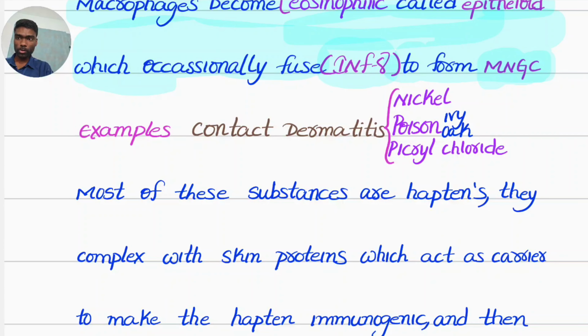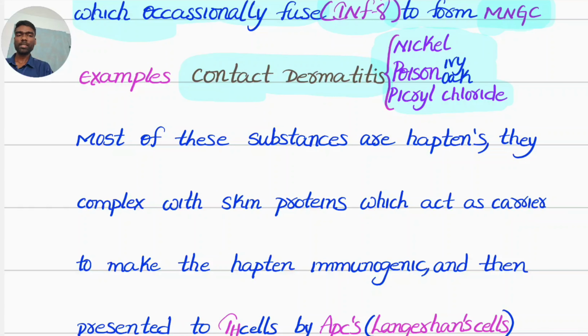Now coming to examples of type 4 hypersensitivity reaction. Contact dermatitis, in response to contact antigens such as nickel, poison ivy, poison oak, picryl chloride. Most of these antigens or substances are haptens, which means they don't have immunogenic property, so they won't induce immunity in the host.